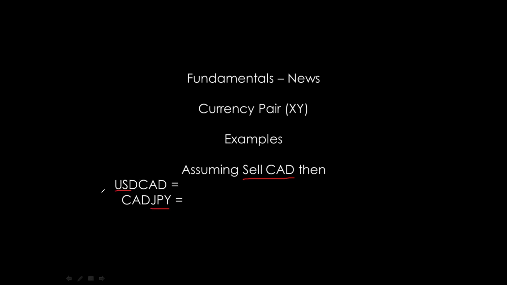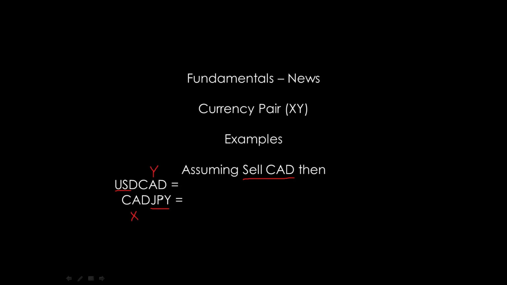But you would also notice the positioning of the CAD. Over here, CAD is Y, which is the second currency. And here, CAD is X, which is the first currency, right? Don't forget the first currency is known as the base currency, and then the second currency is known as the quote or the counter currency. So the question now is, what are we going to be clicking on for USD CAD? Are you clicking on buy or sell?